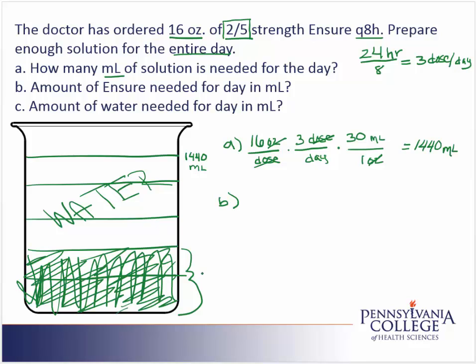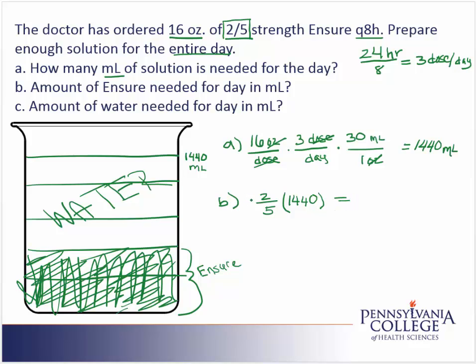In order to figure out the Ensure, I'm going to take the strength, so the 2/5, and multiply it by the total, because 2 out of the 5 parts, that's what this fraction tells me, and if I multiply that by the total in milliliters, that will give me the number of milliliters.